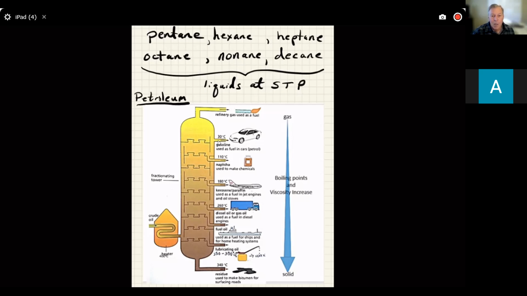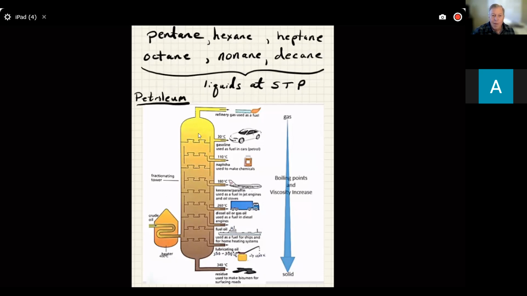Continuing up even lighter, we get 30 degrees Celsius, gasoline that we're all familiar with. And then there's all these lighter compounds, refinery gases, and some methane, ethane, propane. Some of this gets turned into fuel to heat the boiler, which we hope.